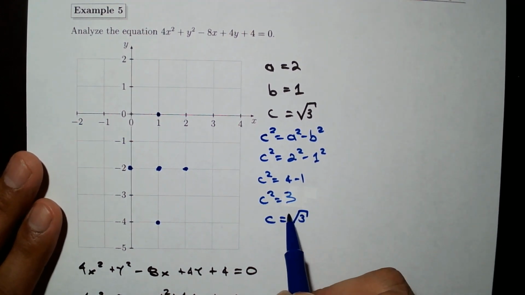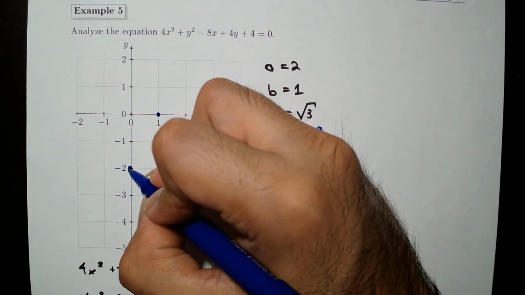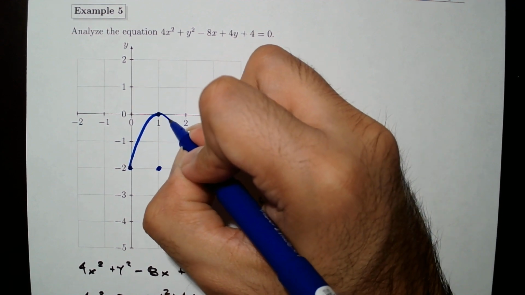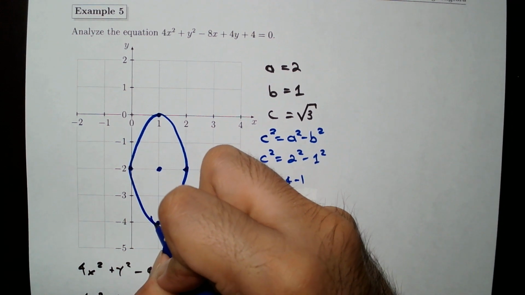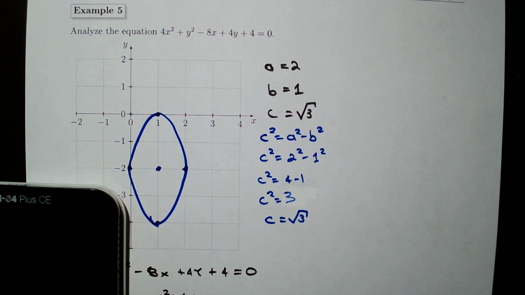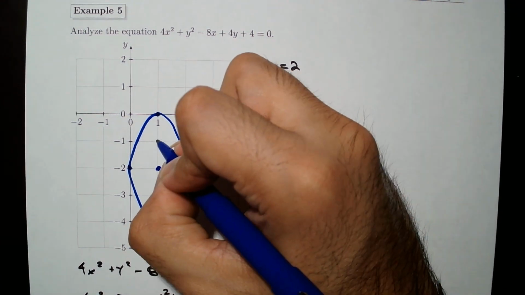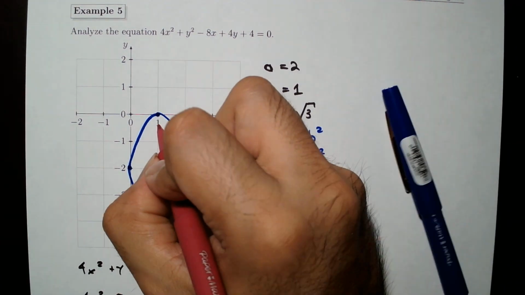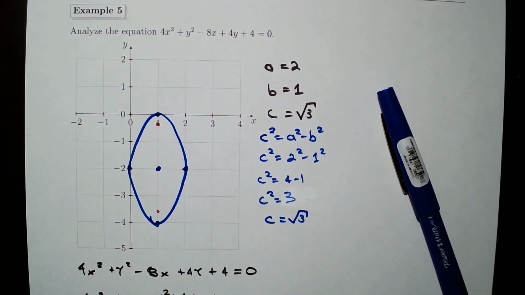And the foci, which is square root of 3 units away from the center. All right. Square root of 3 units away from the center, which, by the way, the square root of 3, that's 1.7. So 1.7, that's roughly here, and then 1.7, roughly there. All right.